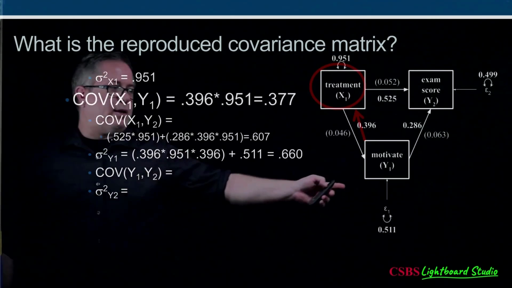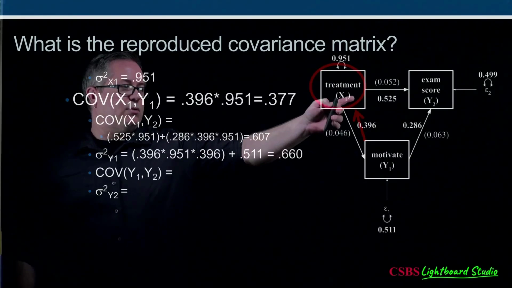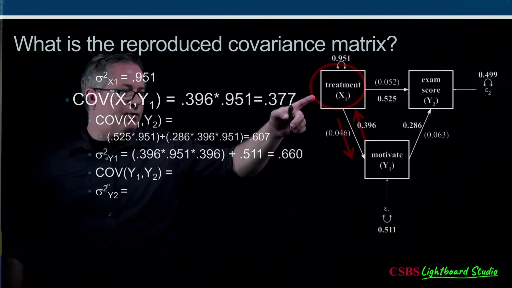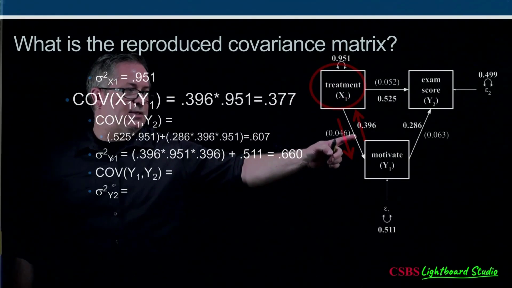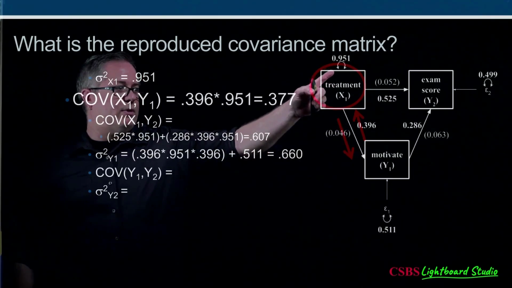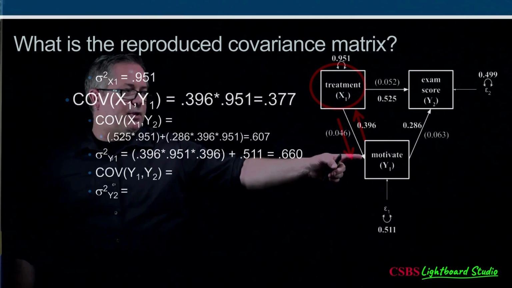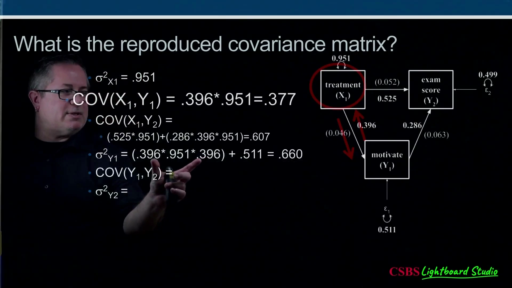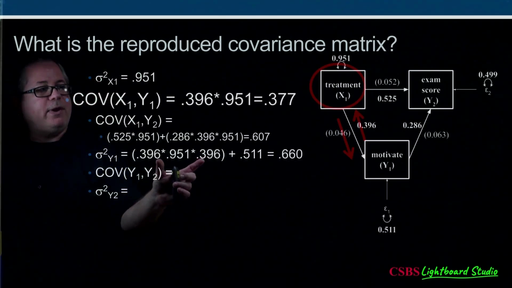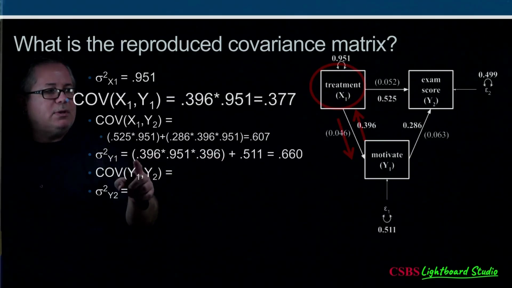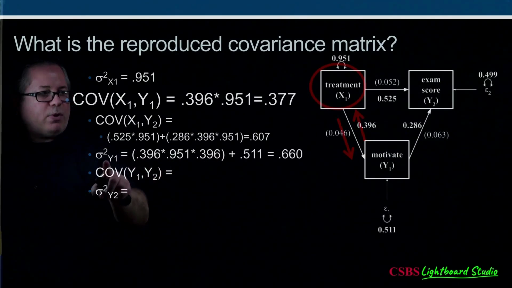So tracing backwards from y to x1, you get the variance of x1, and then you trace forward again. So it's 0.396 times 0.951 times 0.396 that gives you the first part, because this is the common variance. This is the variance that y1 shares with x, the part in parentheses. Well, that's not going to give me the total variance of y1, right?